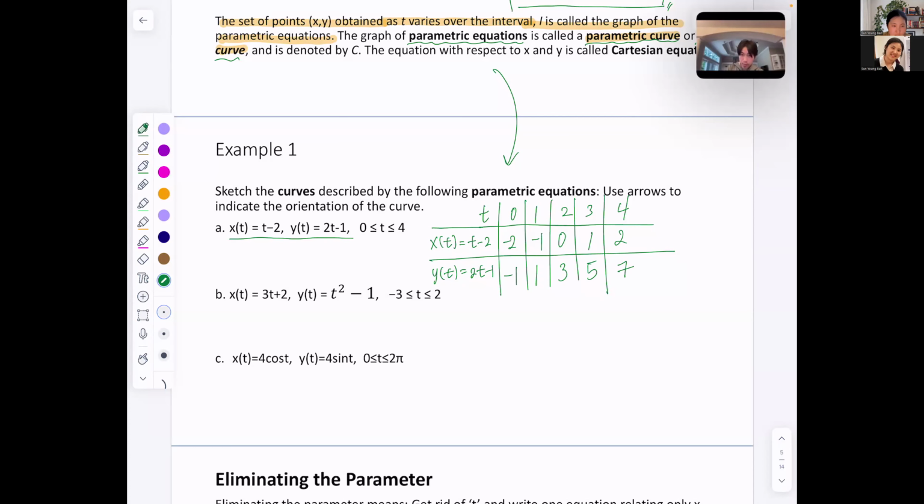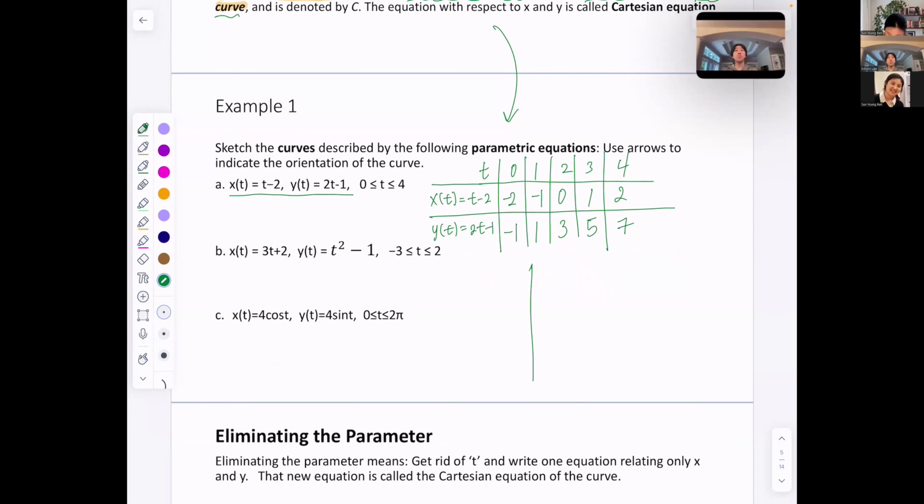And now we can actually draw the graph. Let's draw the graph. I have x and y axis. We are going to say t equal to 0. So what is t equal to 0? T equal to 0 means your x coordinate is negative 2, y coordinate is negative 1, right?